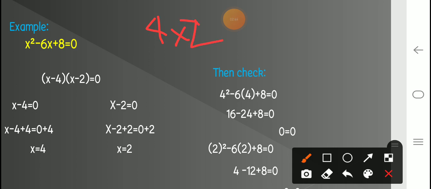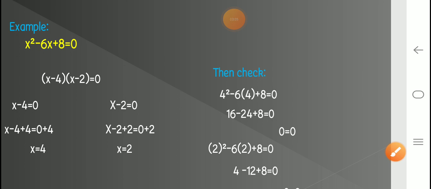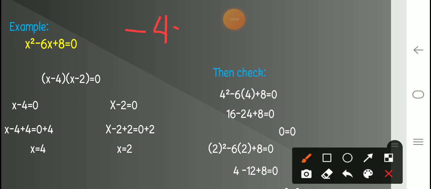If we multiply 4 times 2, it is 8, but if we add, it becomes +6. So this is not the exact one. Next, we have -4 and -2.